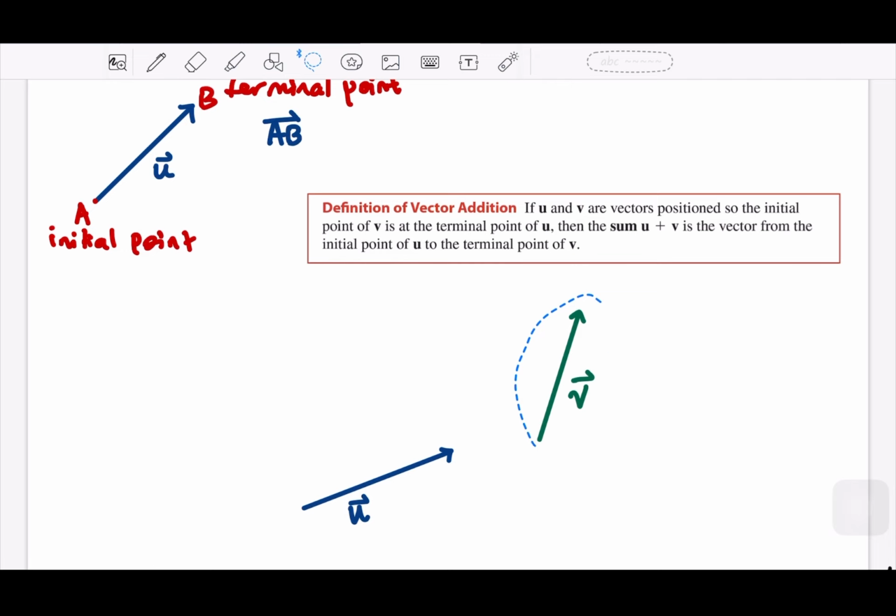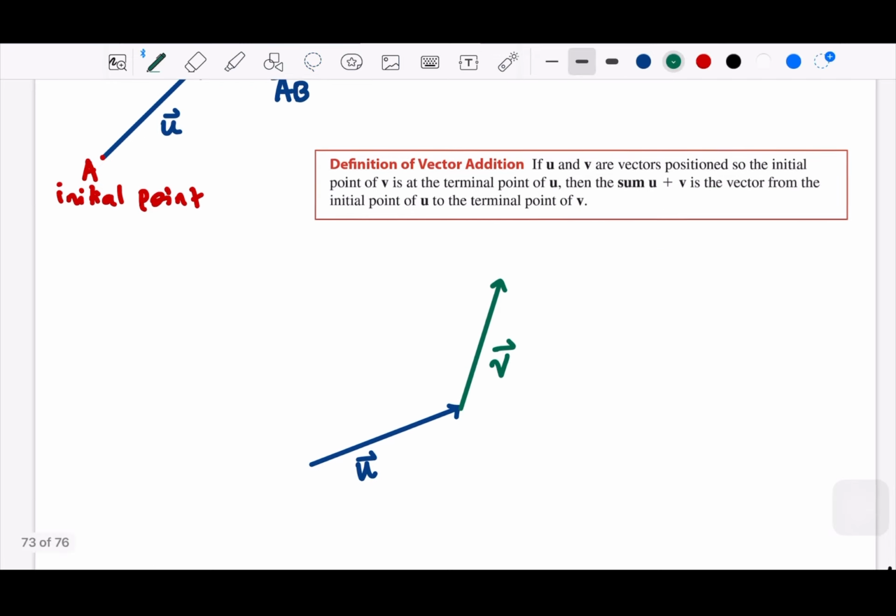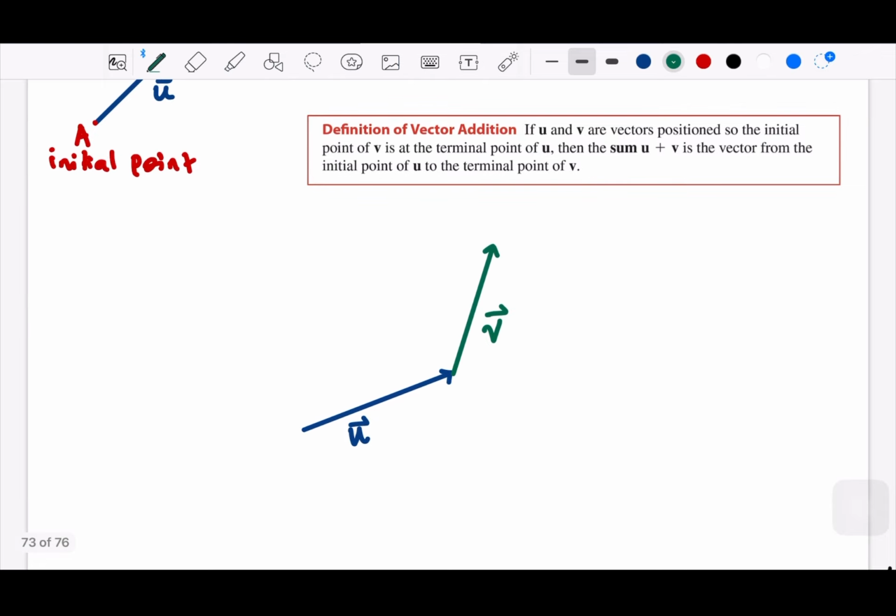We move one here, and then we make a path that starts from here, goes here, and then goes there, and we connect the first initial point to the final point. This will be our vector addition. We call this the triangle law.